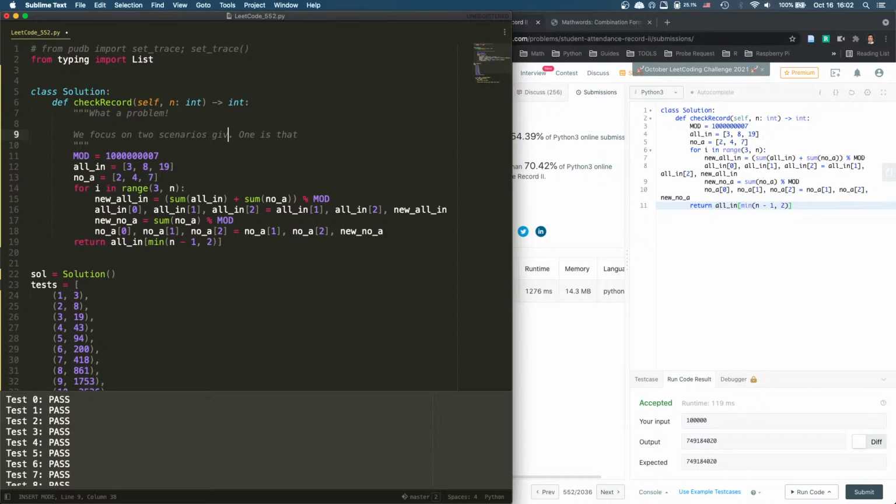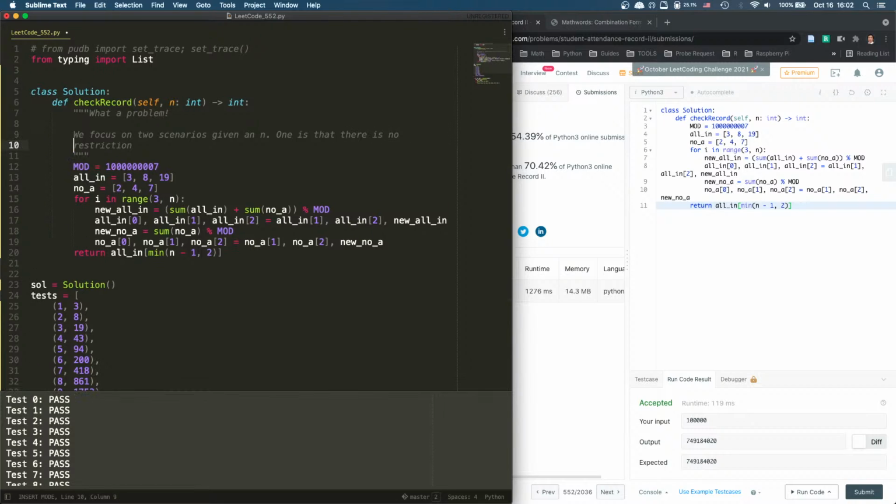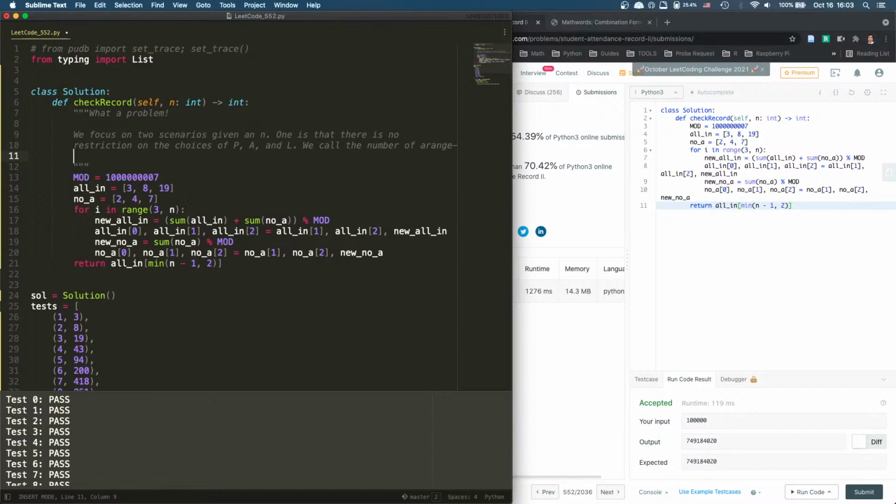One is that there is no restriction on the choices of P, A, and L. We call the number of arrangements in this scenario "all in".